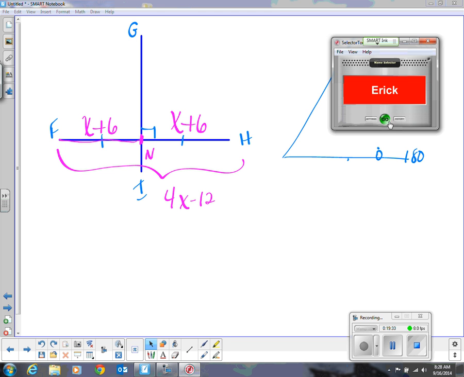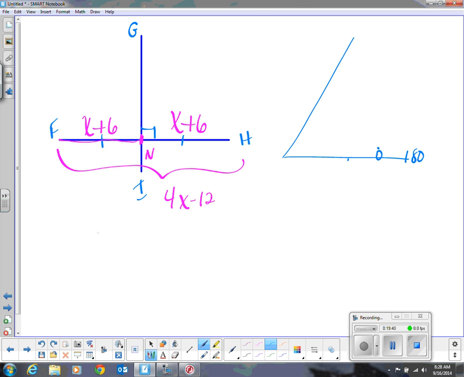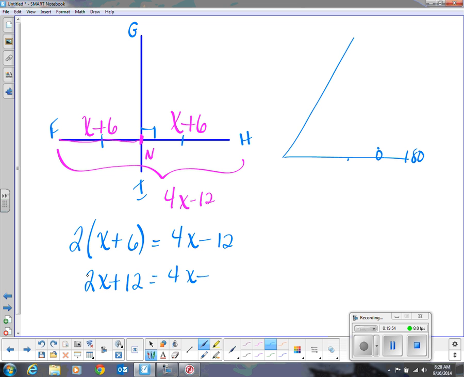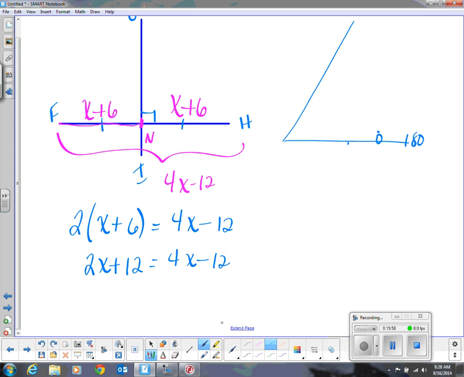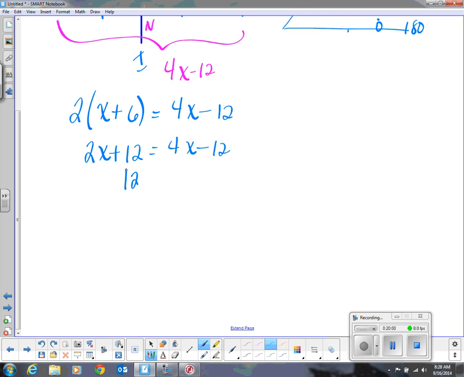All right. So now the way this is drawn, Ethan, what's your equation? Okay, so now you're going to distribute, so you get 2x plus 12 equals 4x minus 12. So if you move your 2x by subtracting it, you have 12 equals 2x.